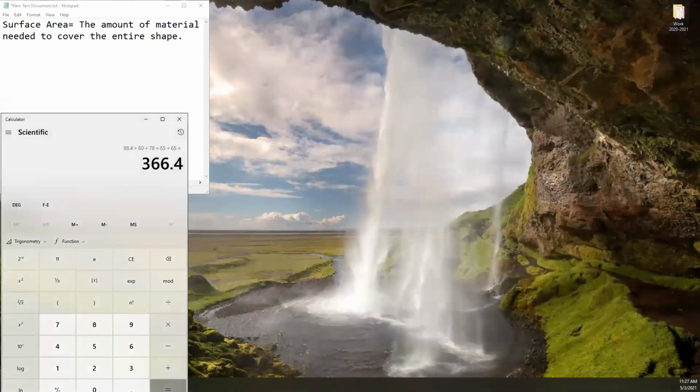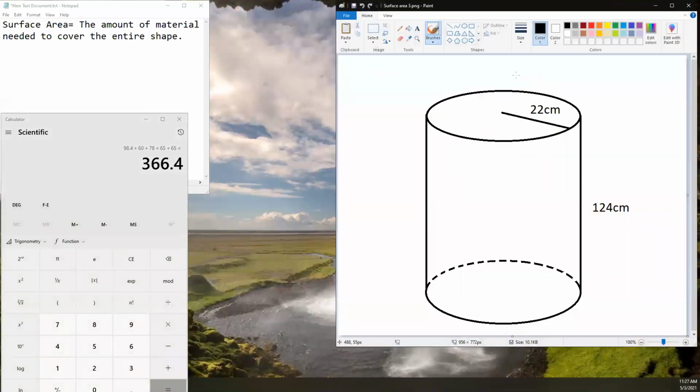Now the problem is that we don't know the rectangle's length. So if I draw it out tiny, you've got the rectangle, then you've got the circle, and then the other circle.